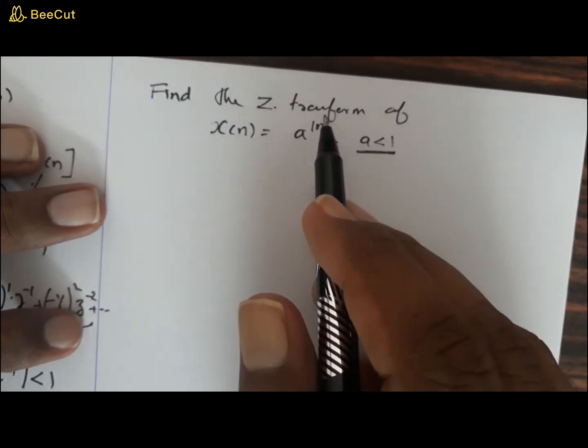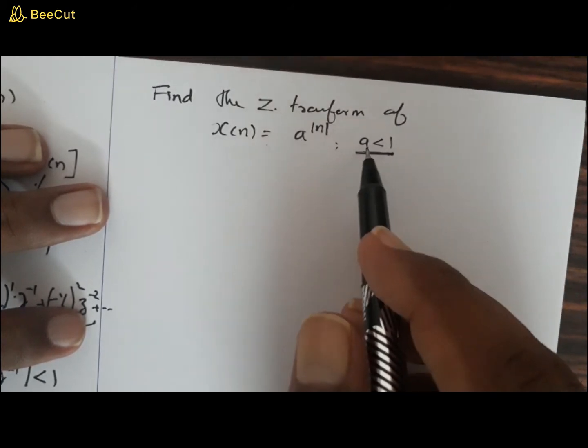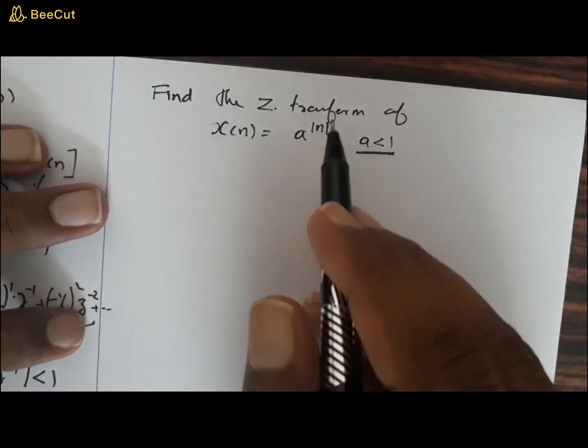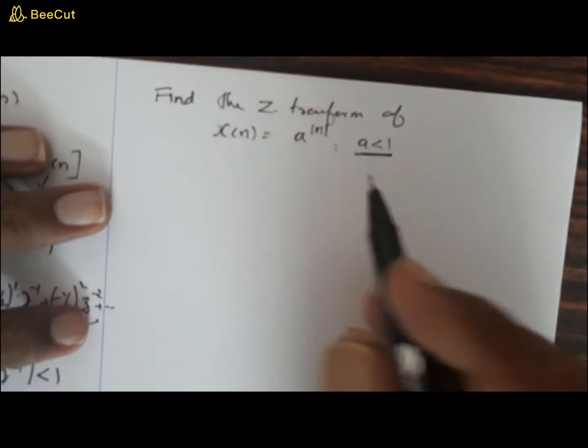That's the meaning. So as long as this part is positive and a is given to be less than 1, this signal x of n converges in both directions, that is in the positive direction of n as well as in the negative direction.